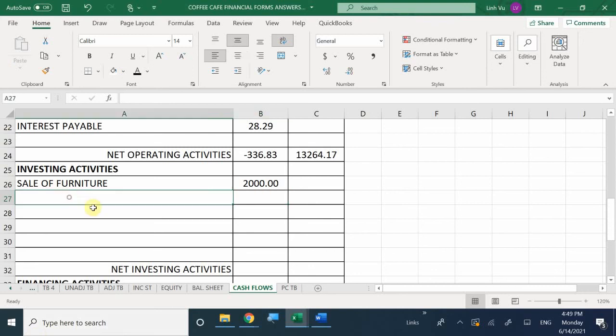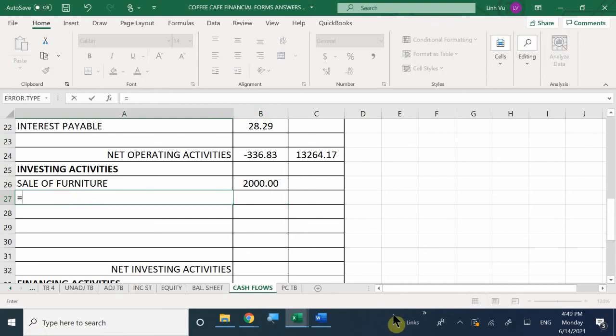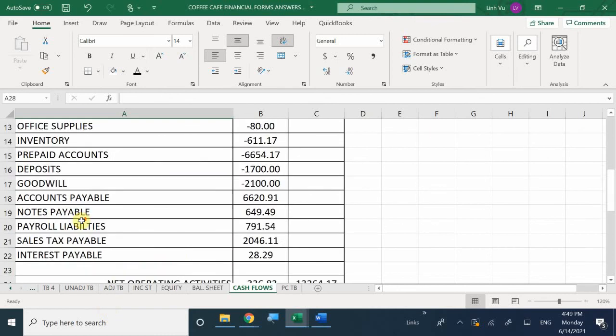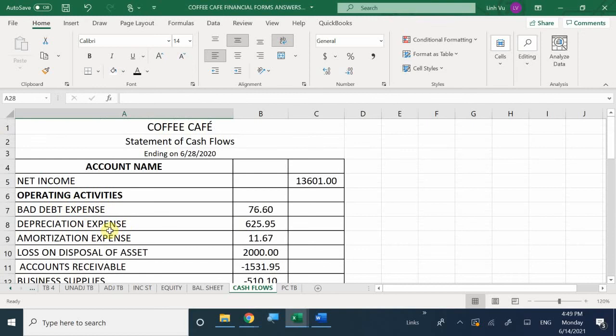We also purchased furniture. In this case, we purchased a total of how much for furniture? What was our original investment in the total amount of furniture that we purchased? Not book value, because we already added back the depreciation for this one.